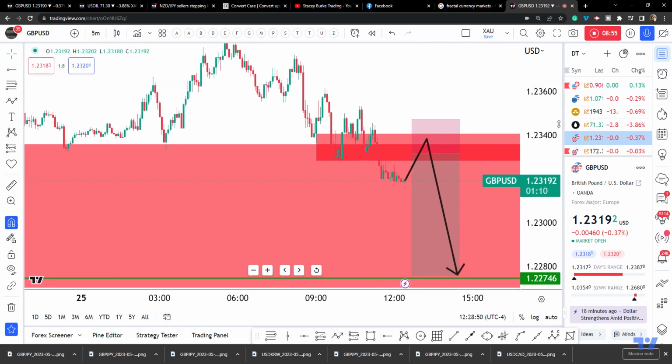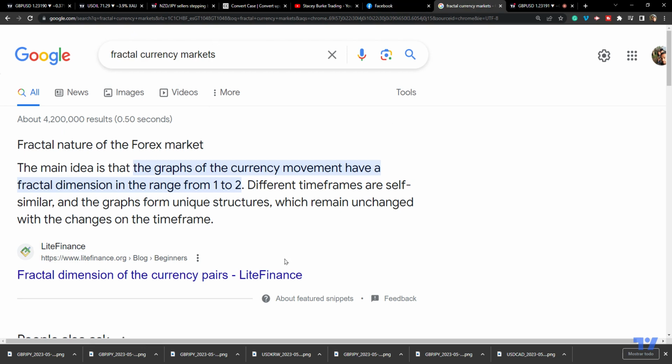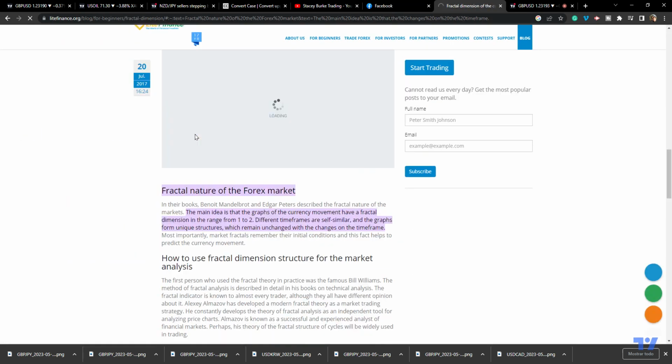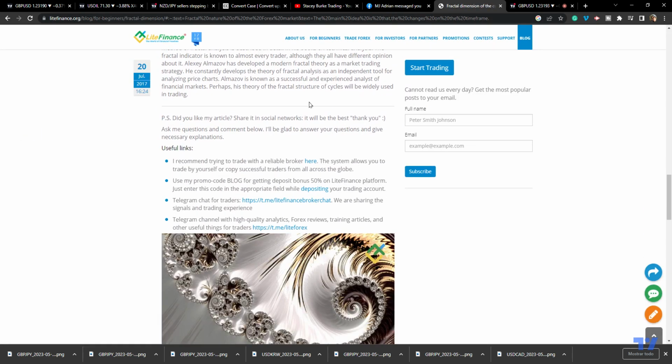And then to do a deeper dive, you can do some discovery for yourself. If you look up the fractal nature of the Forex market, that could be quite a good read. I haven't read it myself, but it seems to be in line with what I'm trying to talk about.